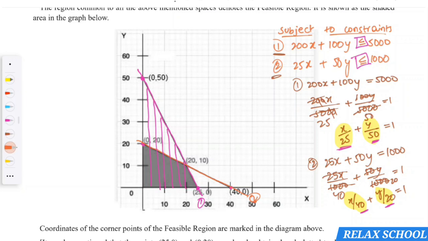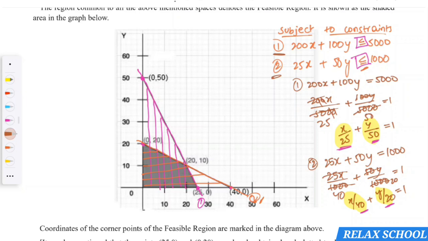So for the second inequality, all of this area here is the area satisfying equation number 2. If it was a greater than or equal to type, it would have been outside the constraint line. It would have been facing the other side of the corner. But because this was the less than or equal to type, you are going to solve it below the constraint line.